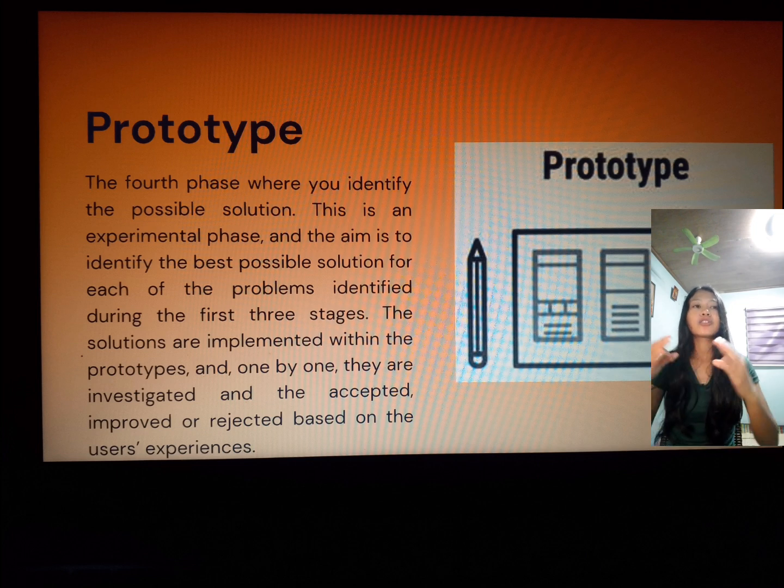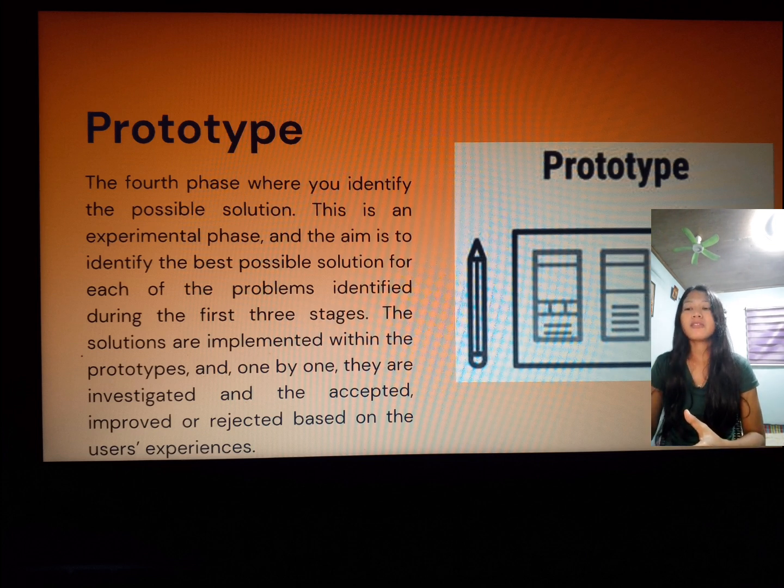Ideate. This is actually the whole practical solutions that you aim to find, and this is where you present the product, like the practical solutions.